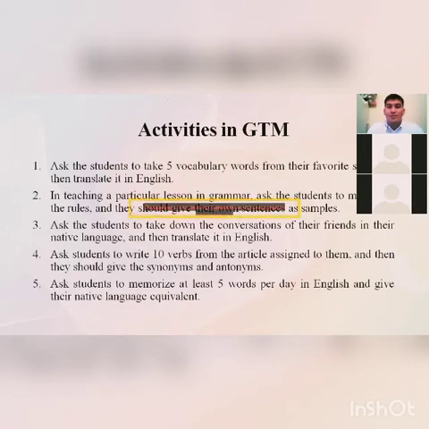For example, write 5 vocabulary words from your favorite song, find them, and translate them into English. And the next is to use the deductive learning of grammar: to give rules, and then students should give examples of these rules.